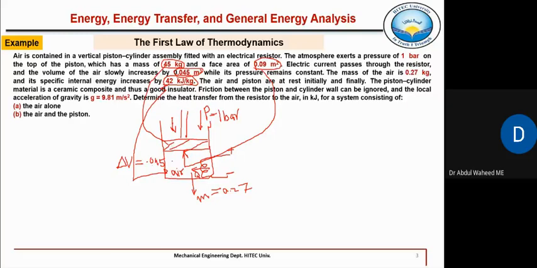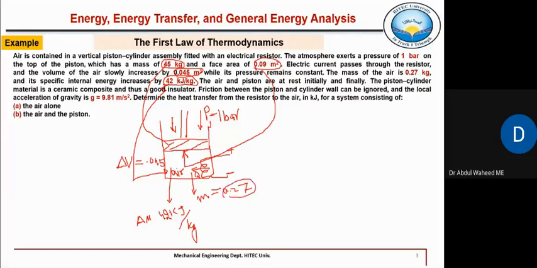Because air is doing work onto the piston, its internal energy drops. Internal energy increases because of this heat transfer to the air, and at the same time, air is doing work onto this piston. But because of the heat transfer, its internal energy increases by 42 kilojoules per kilogram. That is delta small u, because it is kilojoules per kilogram. Total mass is given, that is 0.27 kilograms.